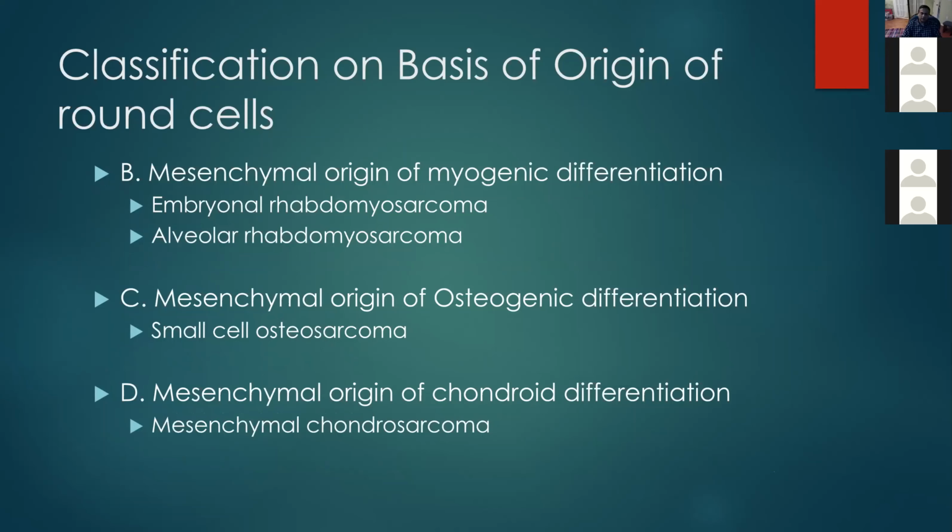This is fairly self-explanatory when bone or cartilage is seen, but when muscle is seen it is not always very dependable. There are also some round cells that come from blood vessels, endothelial, like a poorly differentiated angiosarcoma. But I have had very little experience with those entities, because they are not so commonly seen in the oral cavity.